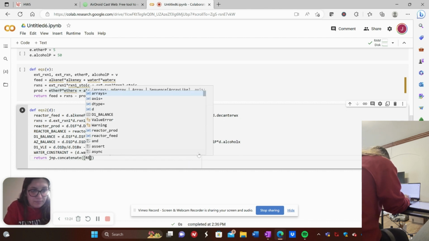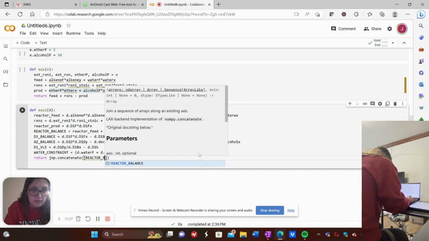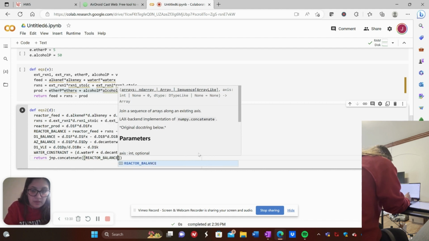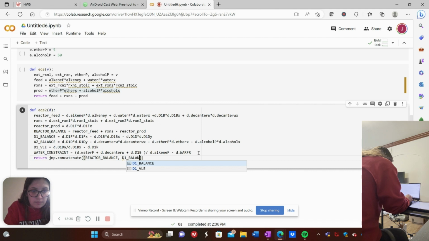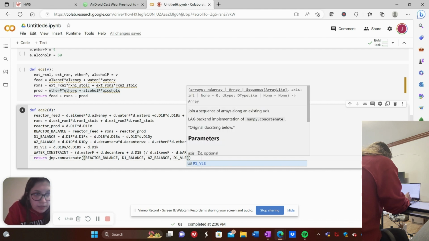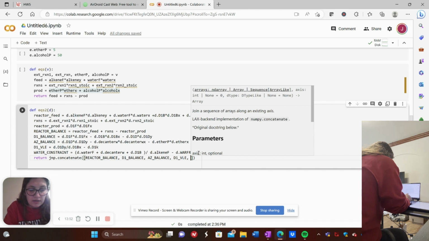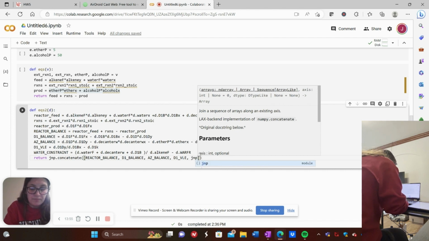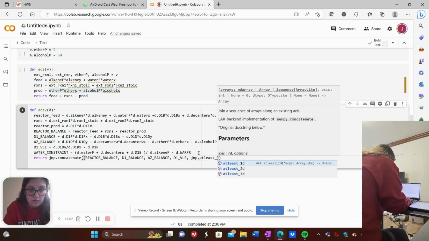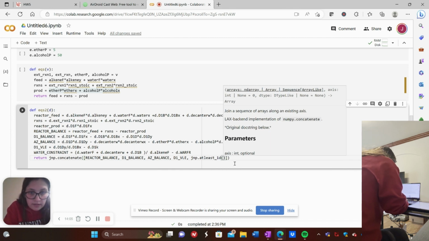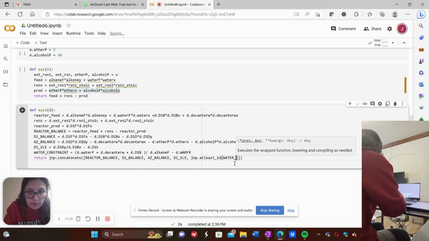And so we have our reactor balance, we have our D1 balance, AZ balance, D1 LE, and then we have to do jnp dot atleast_1d, and that is for our water constraint.